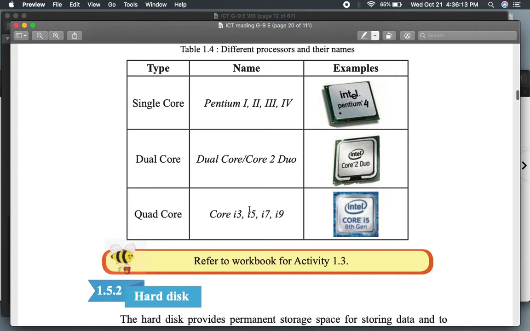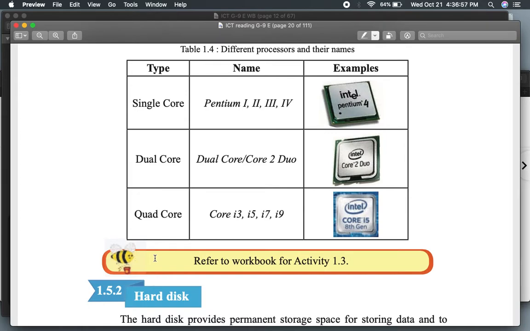So coming back to what I said earlier, a Core i3 quad core processor would be cheaper than a quad core i9 processor. But the workload that the computer can handle would increase, or the output would be greater with the i9 or the i7 quad core processor than with a single core Pentium 4 processor or a dual core Intel processor.